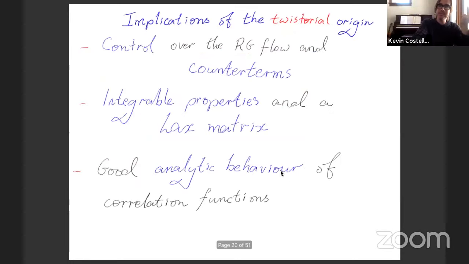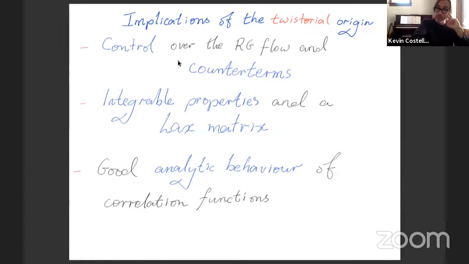Okay, so what does the twistor story buy us? Well, the claim, this is the part that gets me kind of excited about this story, is firstly, the origin from twistor space will give us good control over the RG flow and over possible counterterms in this theory.